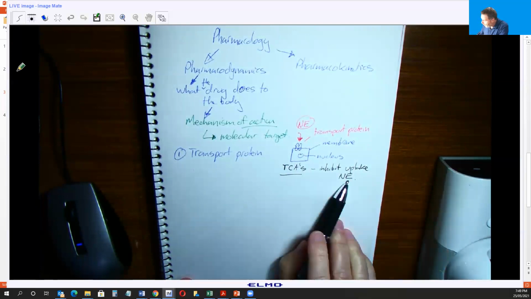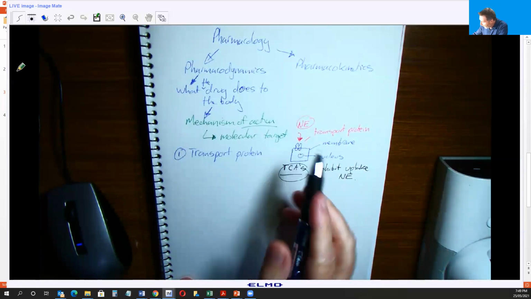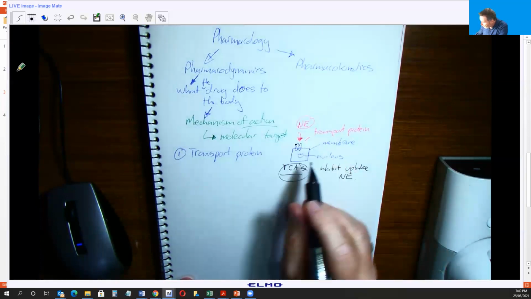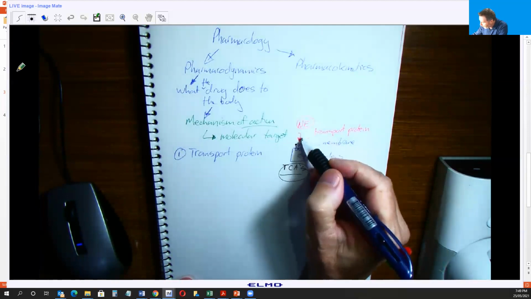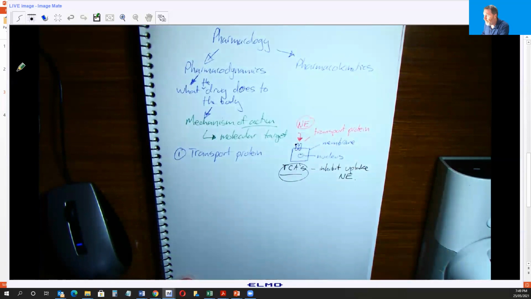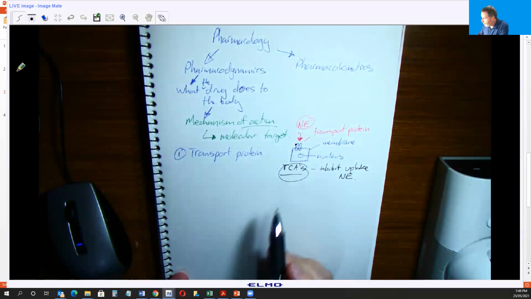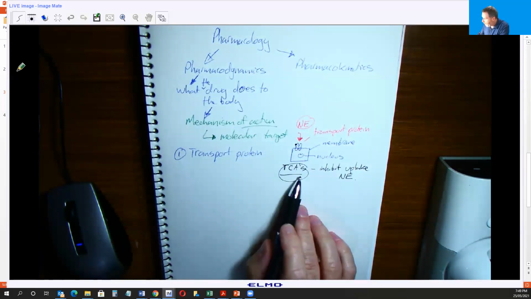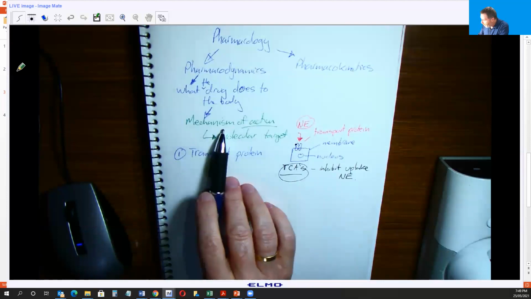So how they do that is these drugs act on the transport protein and they inhibit the uptake of norepinephrine into the cell. And so that's how they work to change the function of neurons inside our brain. So that's one particular mechanism of action.